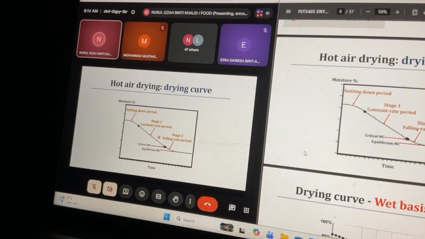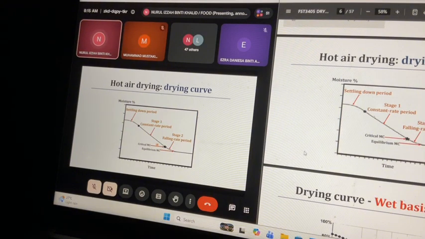After a certain time, when all the moisture has diffused to the surface and is removed to the air, it starts to become the falling rate, which means the removal becomes gradual. It's not rapid at all. It starts to remove little by little, not as high as the constant rate.